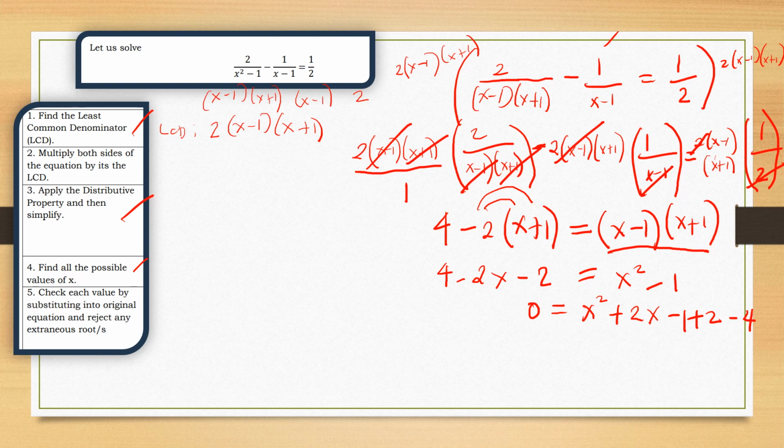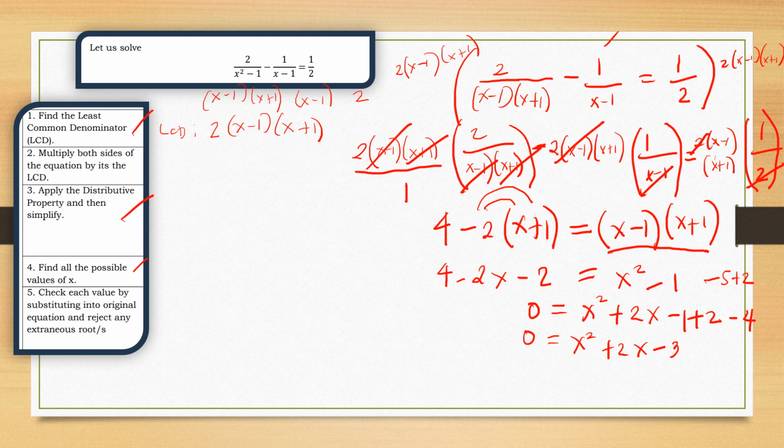Minus 1, plus 2, minus 4. So, 0 is equal to x squared plus 2x. Ito, negative 1, negative 4 is negative 5, plus 2, since unlike sign sila, so subtract. The result is negative 3.